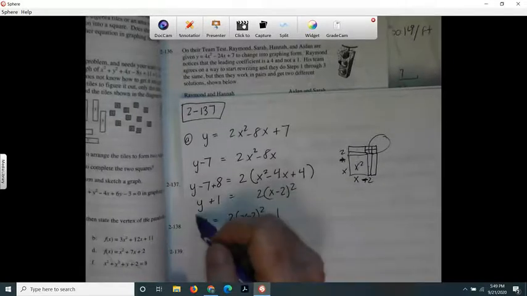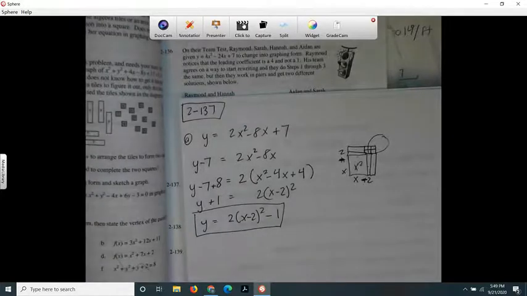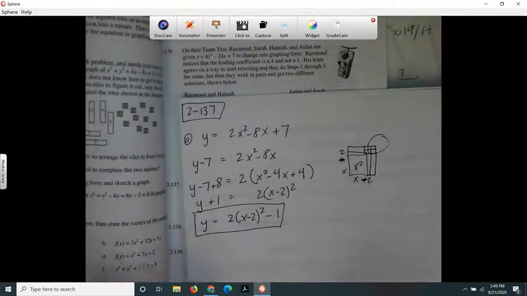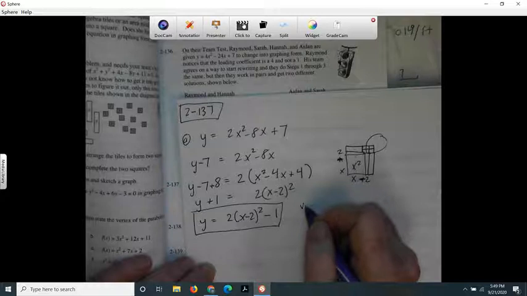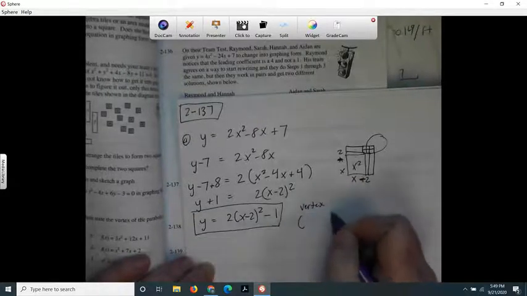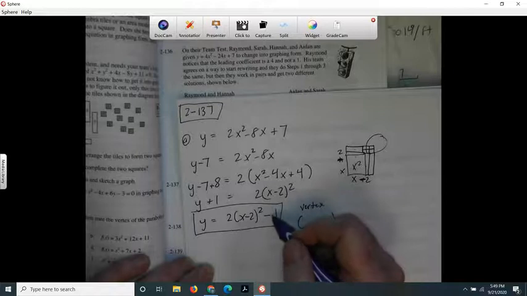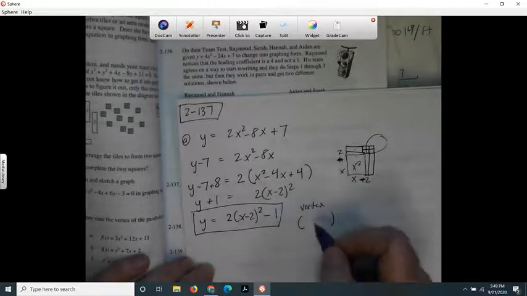Okay, so this is my equation. And it says without graphing it, I'm supposed to give the vertex. Well, the vertex is very easy because I know that h and k is my vertex. So this is x minus h, so h must be 2. And then k is always on the end, so it's going to be 2 and negative 1.